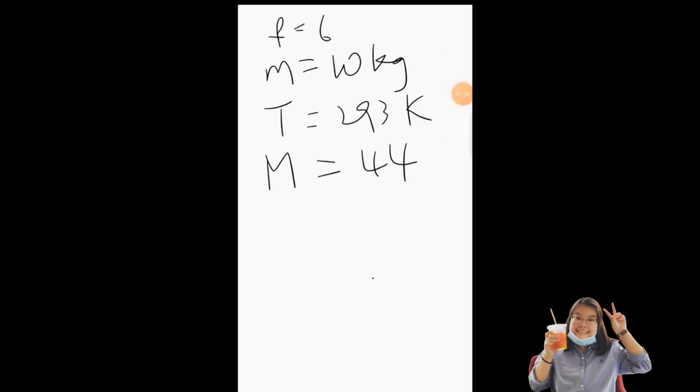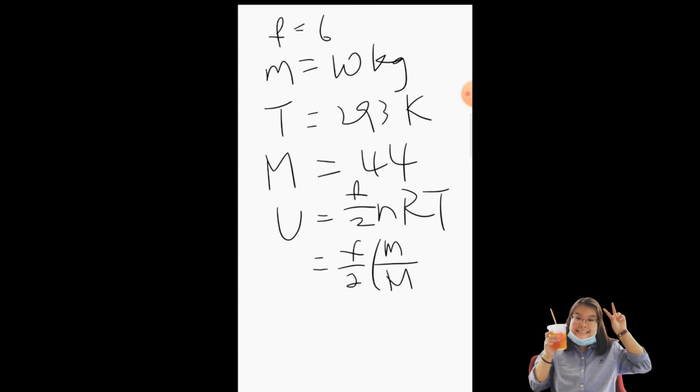Okay, now we can substitute into our equation. U is equal to F over 2 nRT. So F over 2, and we must change n to mass over molar mass because the question gives us the mass and molar mass, RT.